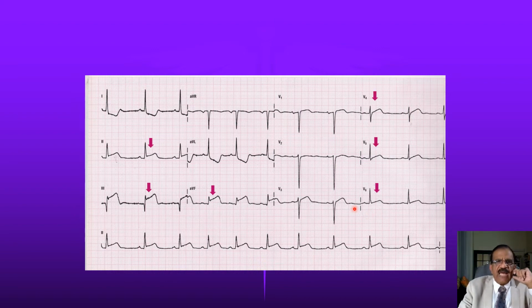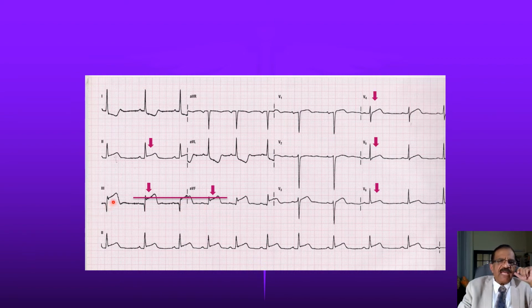Okay. And then if you further examine this, if you draw a line here, you will notice that ST segment elevation in limb lead 3 is more than that in AVF. Actually, I should compare it with the 3 with the 2. So let's forget this one.